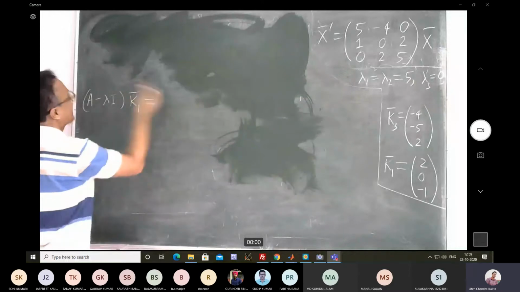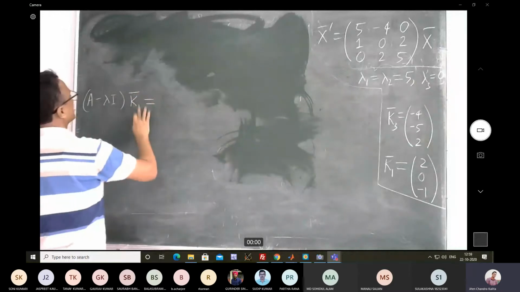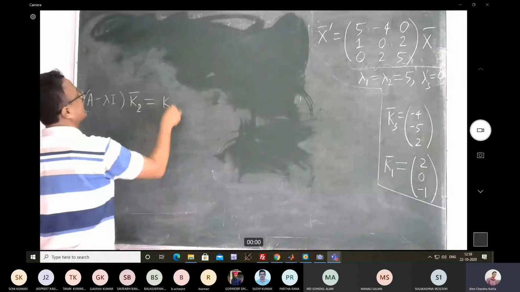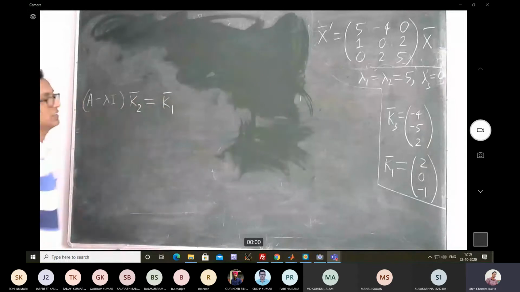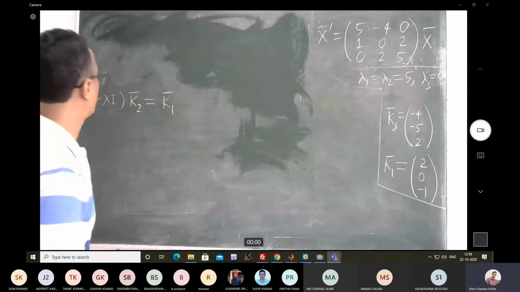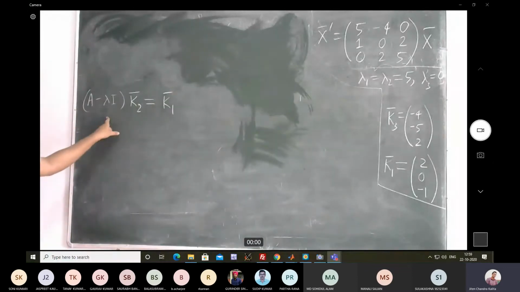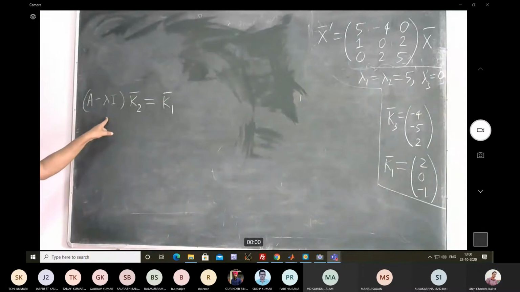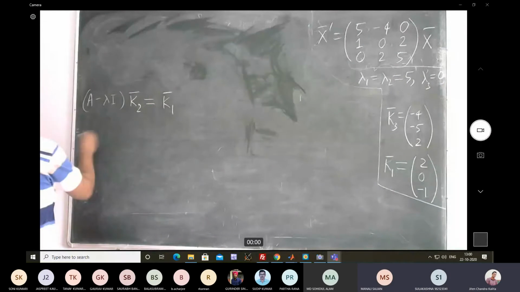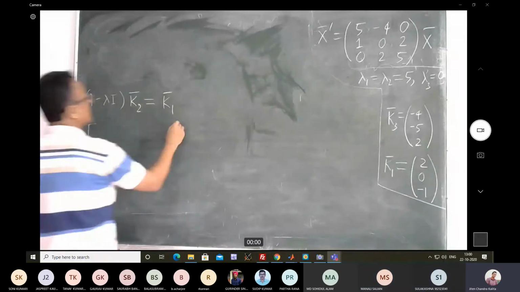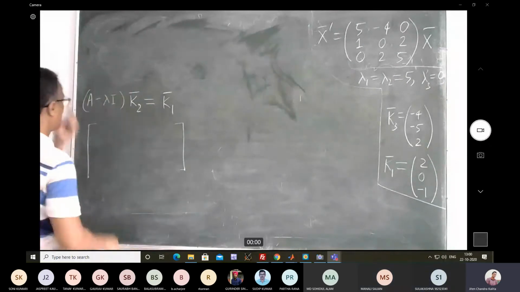Suppose I am trying to find the vector k2. So I have to simply do this. Is it okay with everybody? Right? So now let me write down the augmented matrix.